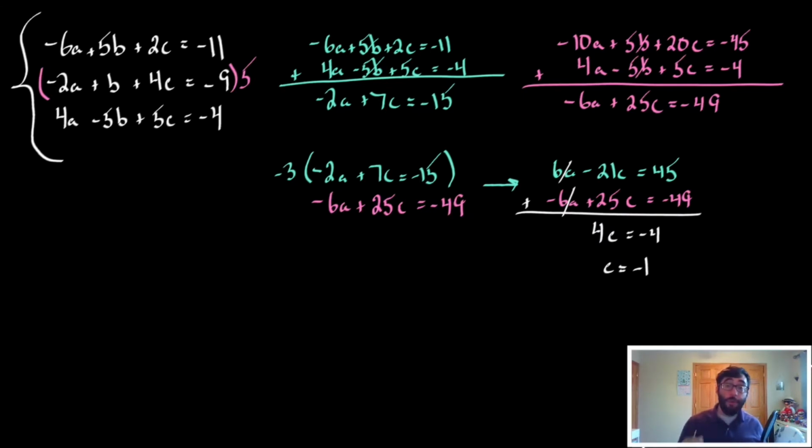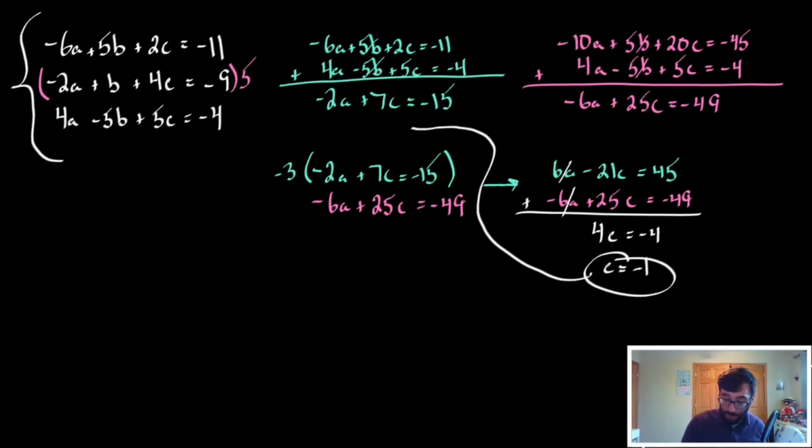And remember, once you have your first variable solved for, all we have to do is work backwards. So I can now substitute in c as -1 into either of these two equations here. I'm going to take c is -1 and substitute it in for c into this equation up here, because once I do that, I'm going to be able to solve for a.